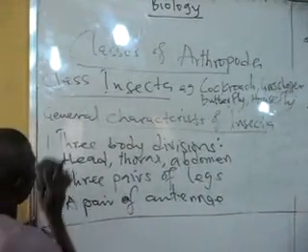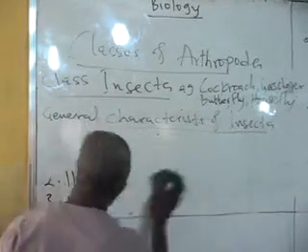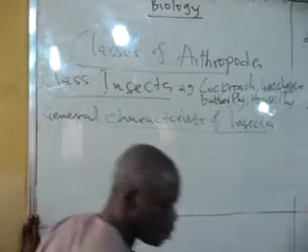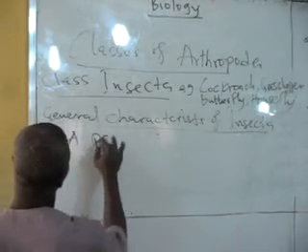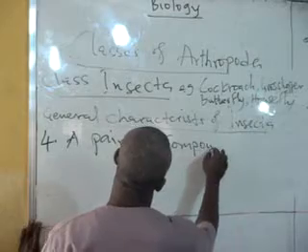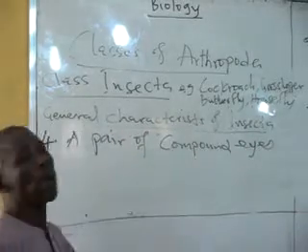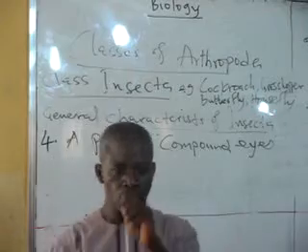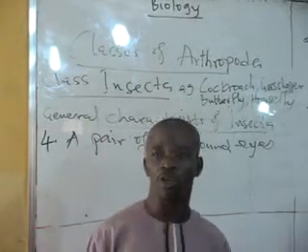A pair of compound eyes. I'll write number 4 here so that we can follow it down. So it has a pair of compound eyes. Now the compound eyes are able to differentiate colors, very sensitive to colors.